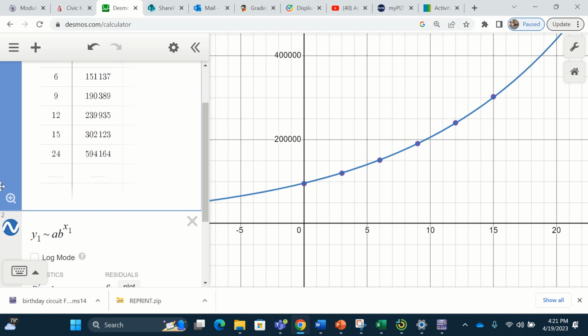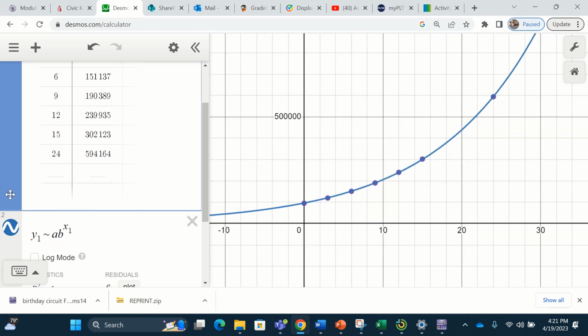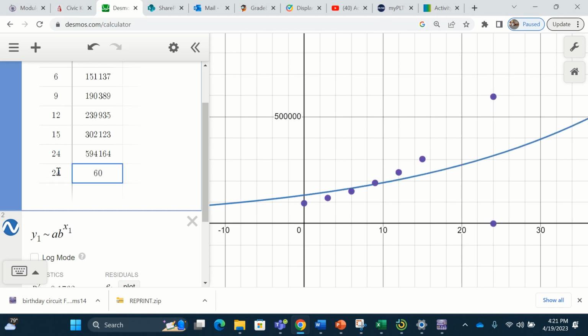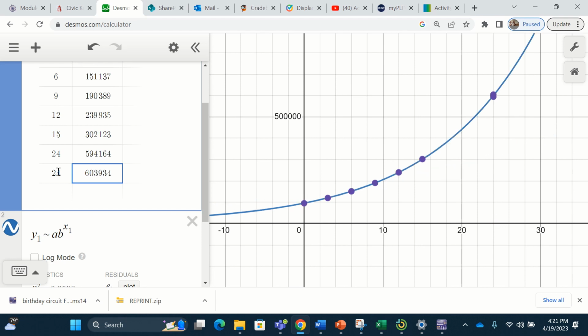I actually didn't try this. No, that looks like a good point. I'm going to plug in the next answer choice, 603934. Nope. Okay, good. I feel vindicated on that. So you can't tell from the graph, they're just too close to see.